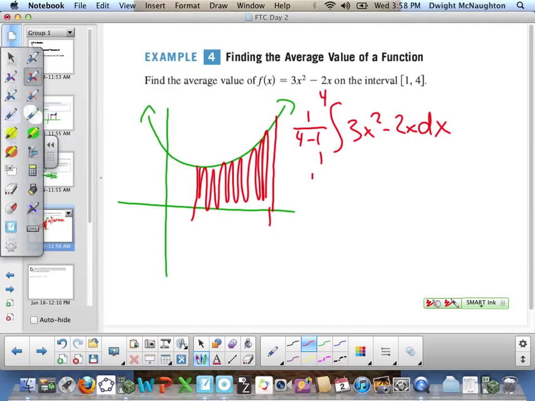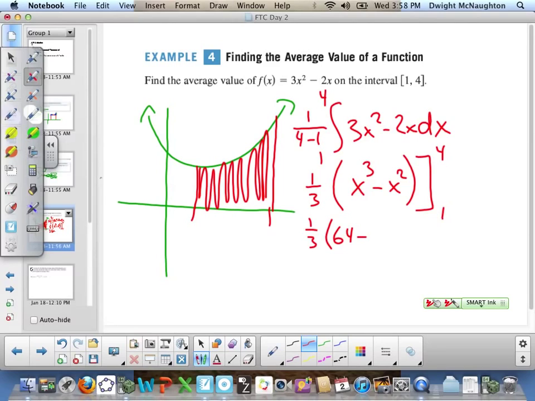So as we do this, we have 1/3, which is 1 divided by the width of our interval. We'll do our antiderivative, x cubed minus x squared, from 1 to 4. We'll plug in 4: 4 to the third is 64, minus 16.